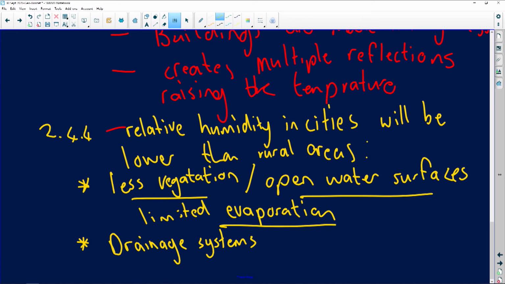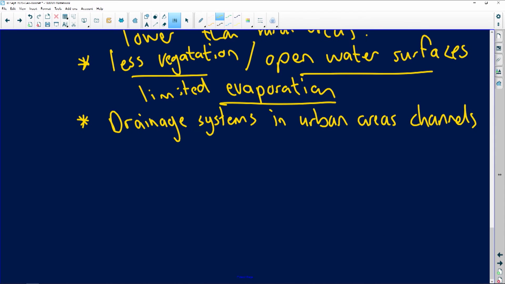The drainage systems in urban areas channel water away, and it reduces evaporation.